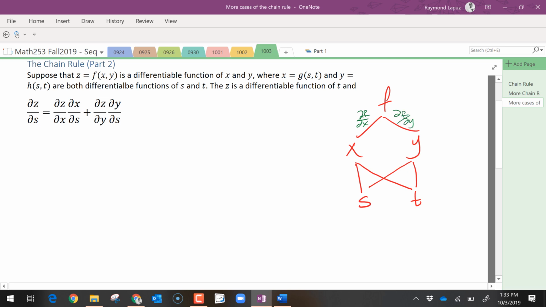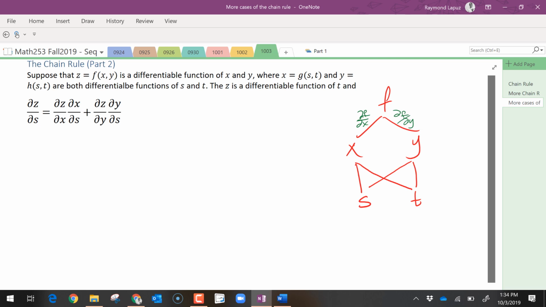So the partials with respect to x and y are going to be partials with respect to x and y. But when we go down to the next level, before we only had one variable, so we had a straight d derivative. But now x is a function of two variables, s and t, so we have to also write the partial derivatives for those. And so is y.